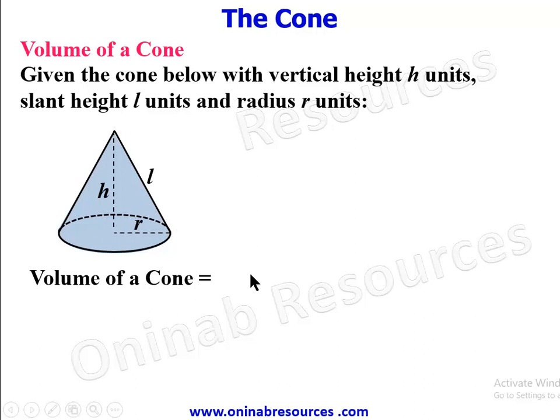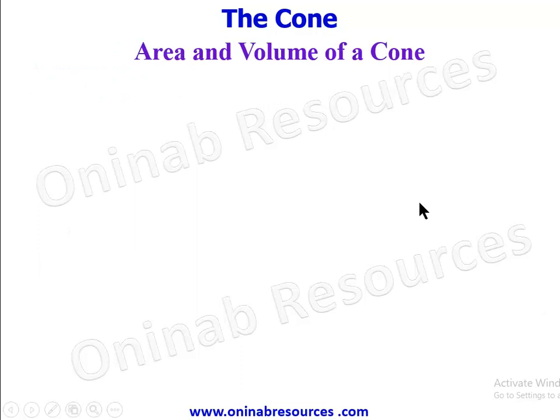So we have it as 1/3 pi r squared h. So that is the formula for calculating the volume of a cone. And now we go ahead to solve some problems on area and volume of a cone.